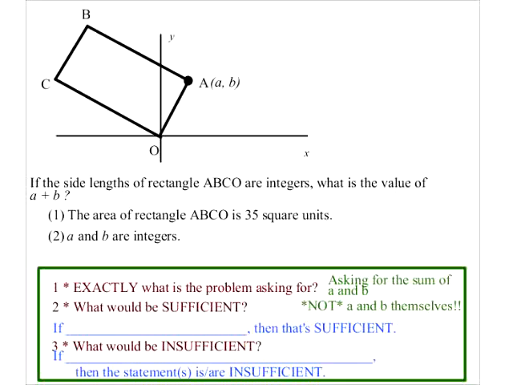All right, now what would be sufficient? Someone writing A parallel to B, I don't know what that means because A and B are numbers, so they can't really be parallel. Okay, what would be sufficient?